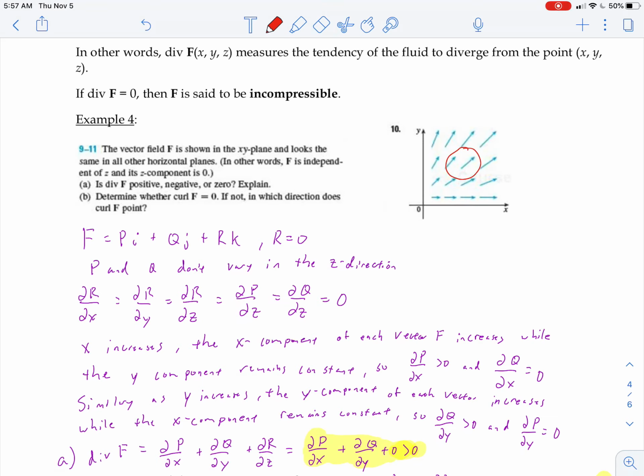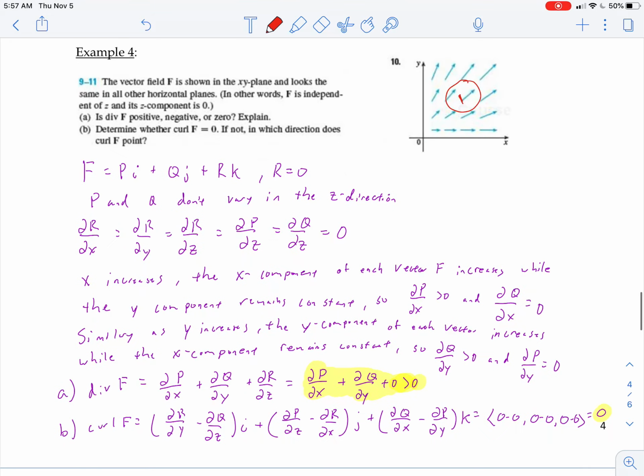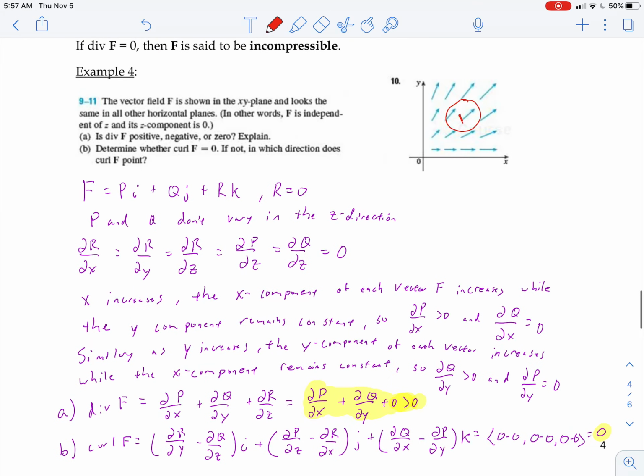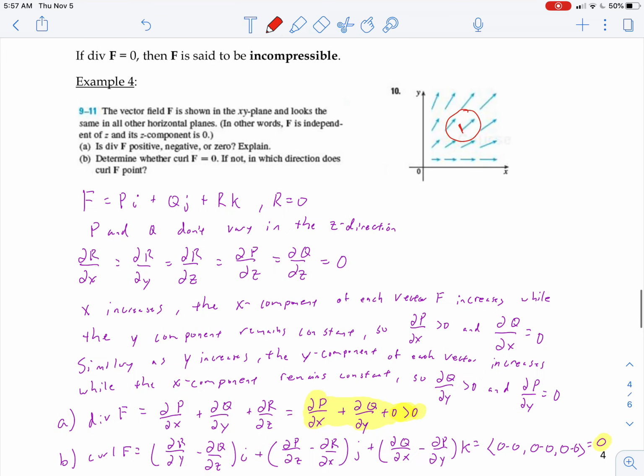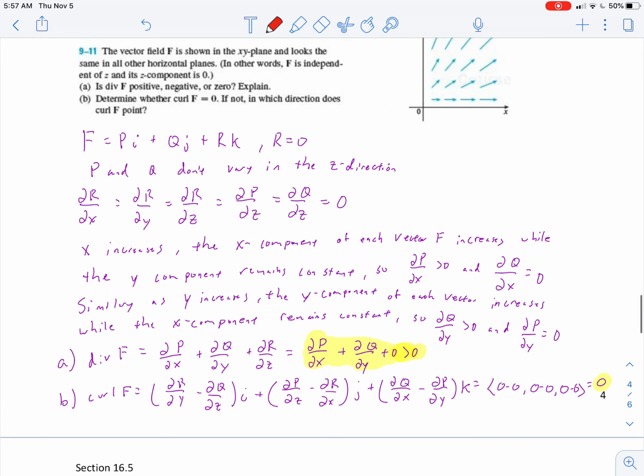Remember what divergence is. Divergence will tell me if this is going to turn in any direction. Hold on one second, I'll explain that in a second.